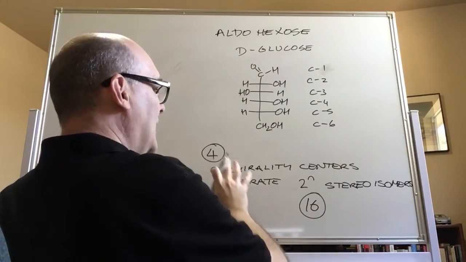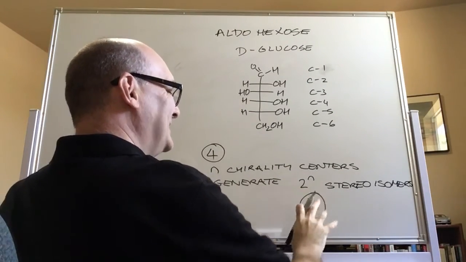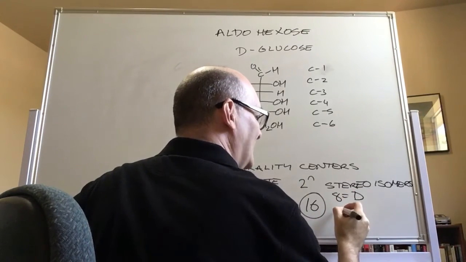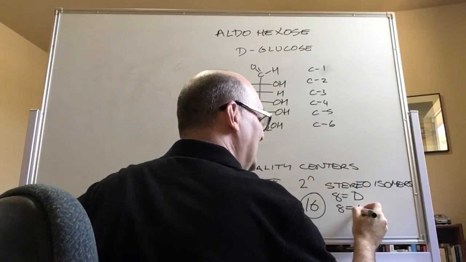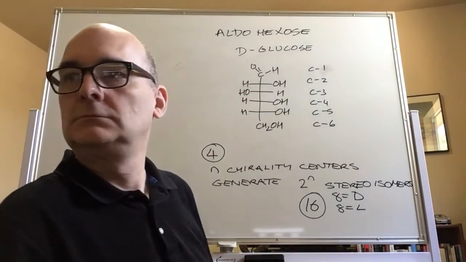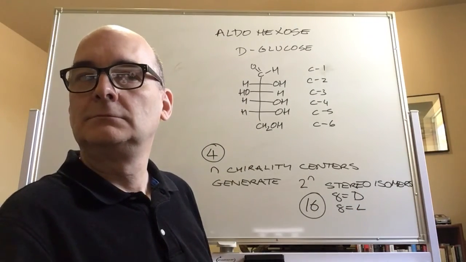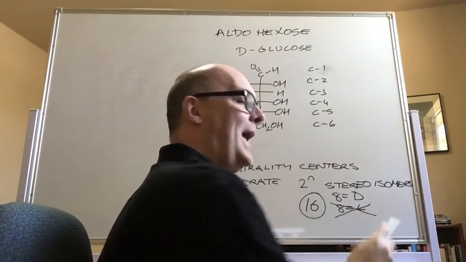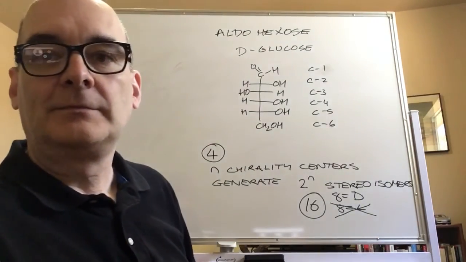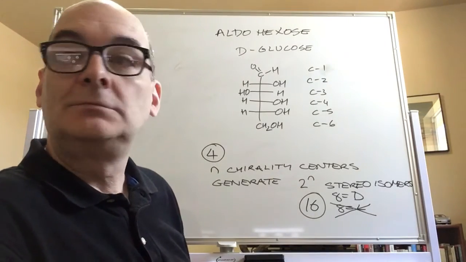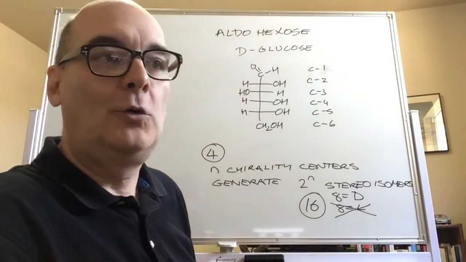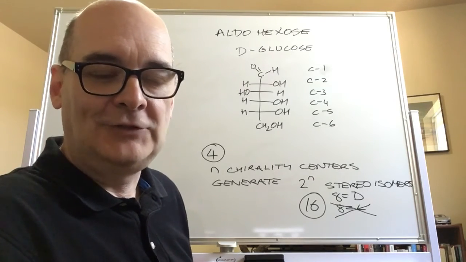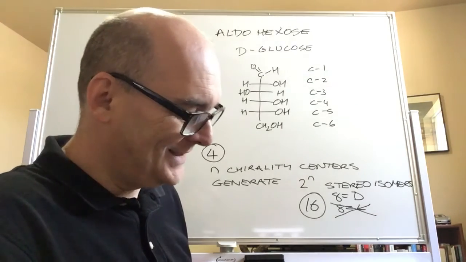So 4 chirality centers generate 16 isomers, 8 of which are D and 8 are L. And I'm going to ignore the L sugars for right now, until I'm told at some point in the future that L sugars are important and should be revisited.